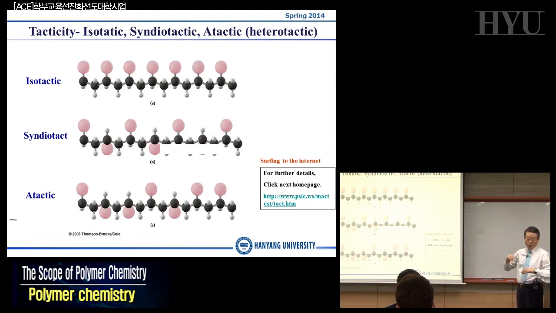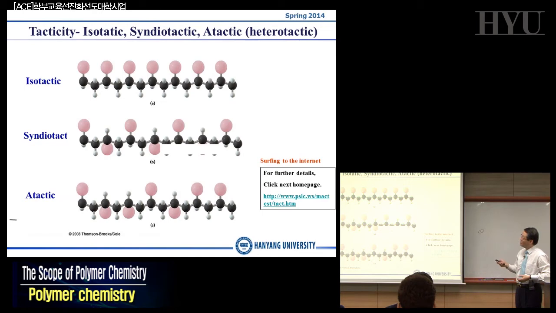For example, we have polypropylene or polystyrene or polyvinyl chloride, whatever you have. Those molecules that I have just mentioned have a very distinct structure with carbon and carbon. You have a CC bond with three hydrogens.